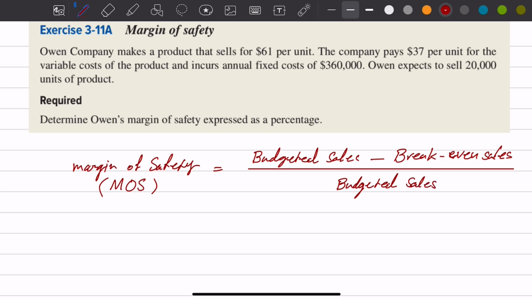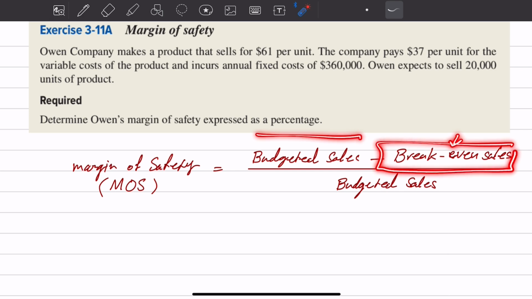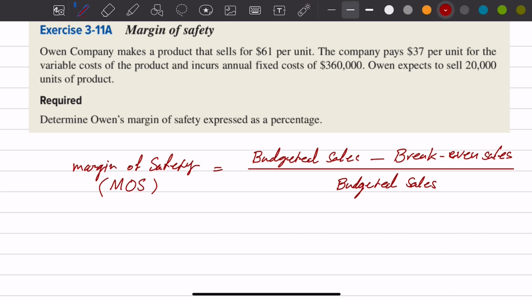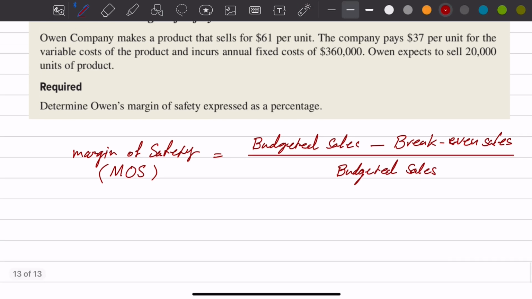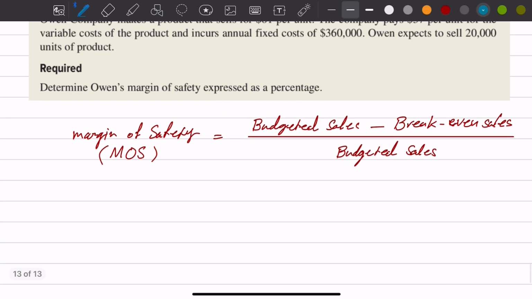Okay, so that means we need to find two components. We need to find the break-even sales and we need to find the budgeted sales. Okay, what's the break-even sales?